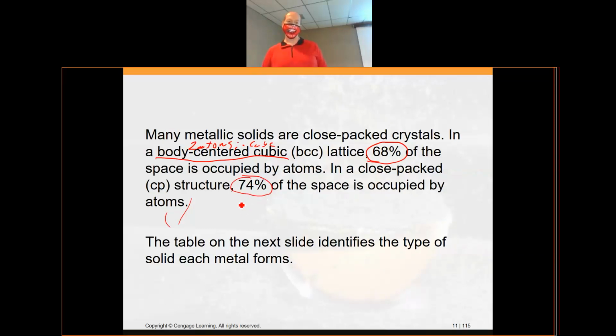So your face-centered is going to give you 74%. That's 4 atoms in the cube. And then simple will give you 52%, and that is 1 atom in the cube.